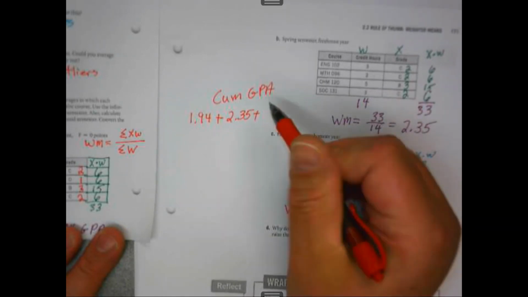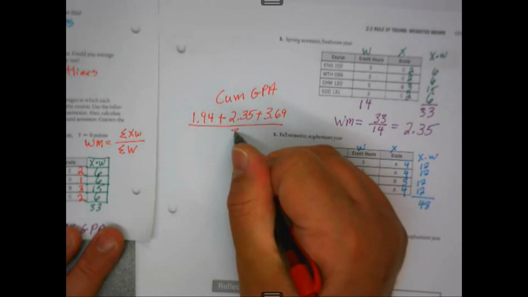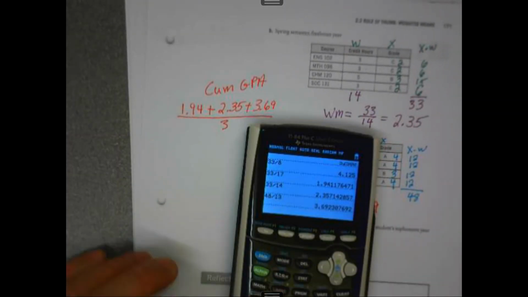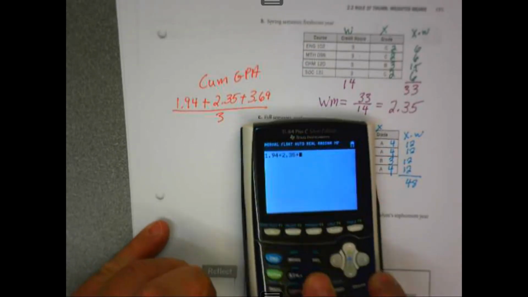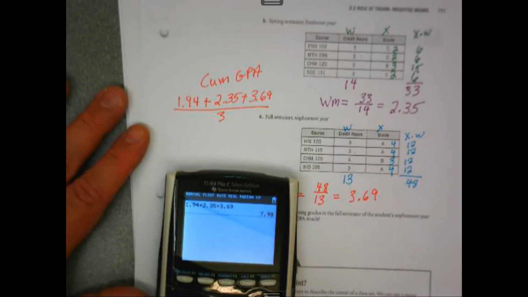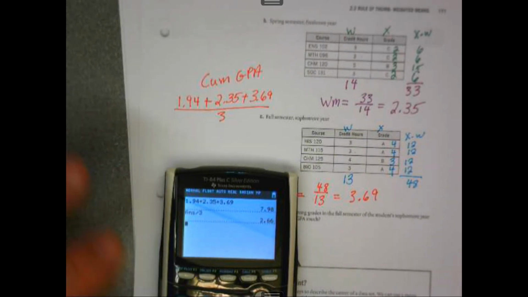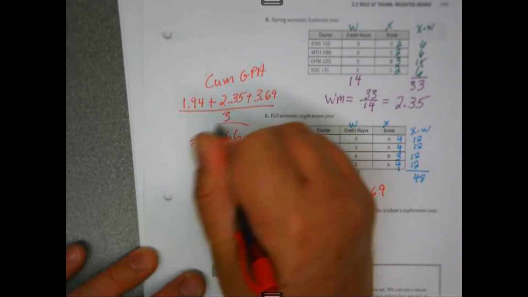Third one was 3.69. We're going to have to do the average of those, so we're going to divide it by 3. And cumulative GPA then is 1.94 plus 2.35 plus 3.69. Cumulative GPA then is 7.98 divided by 3. It's going to be 2.66. So like a C plus.